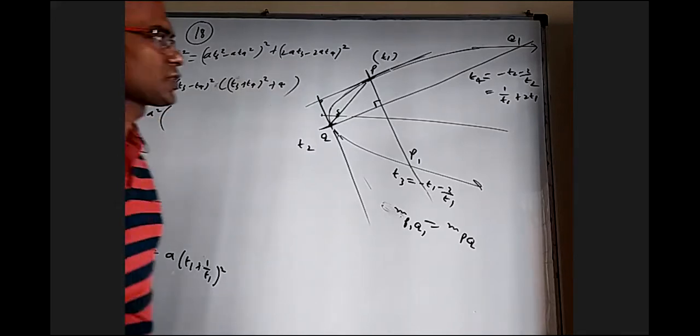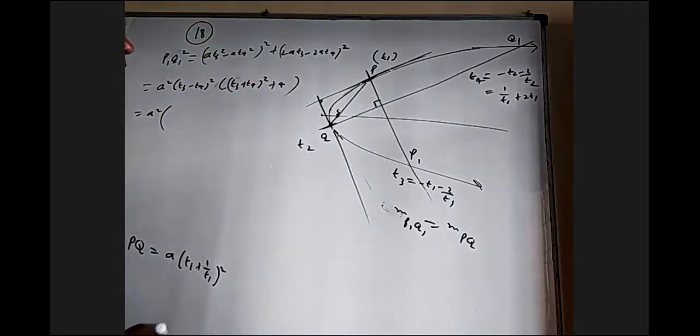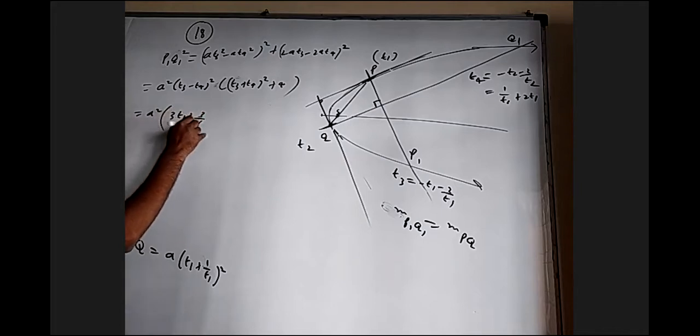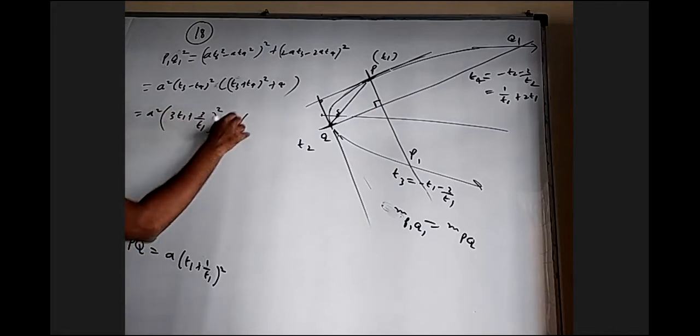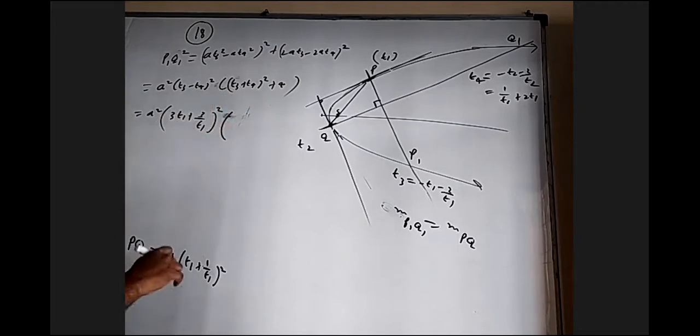What is t3 minus t4? From this, if I subtract this, or from this, if I subtract 3t1 plus 3 by t1, this is coming 3t1 plus 3 by t1 whole square into what is t3 plus t4.